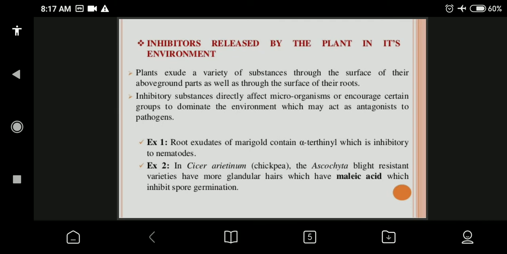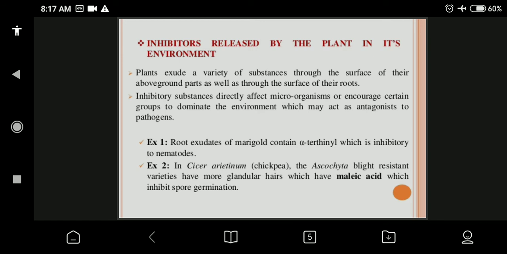Inhibitors released by the plant in its environment. Plants exude a variety of inhibitors through the surface of their above ground parts as well as the surface of their roots. These inhibitory substances directly affect the microorganisms in the environment, or they may act as antagonists to other pathogens.